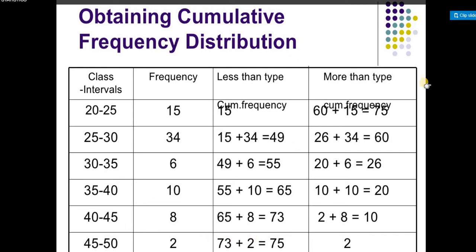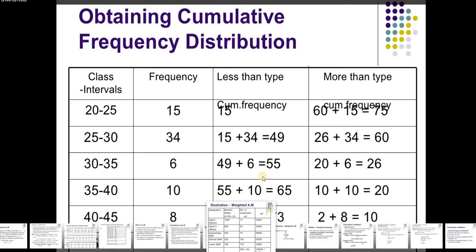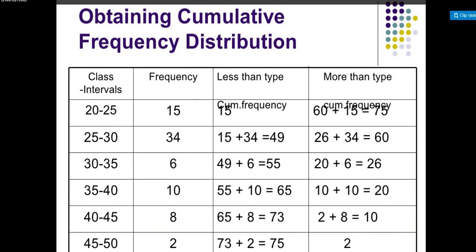Then how can we find the more than type of frequency? Here you know what the total is? The total frequency is 75. When you are taking more than type, first we need to write the total, 75. Then the next step is 75 minus 15.